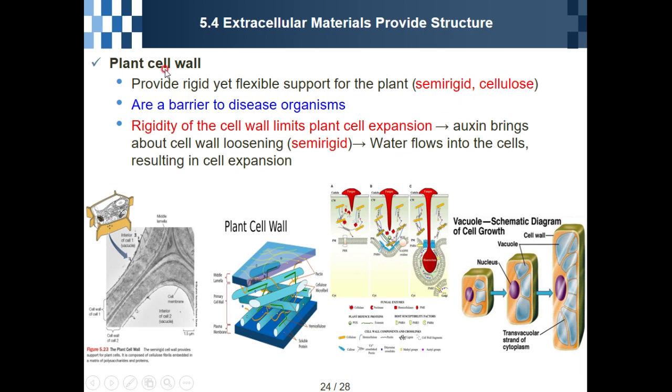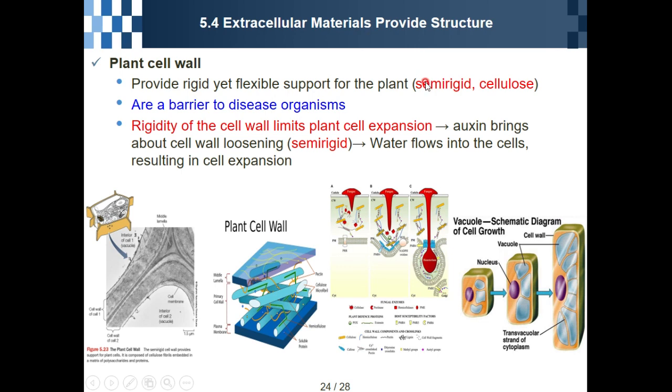Because of the cell wall, for example, some disease organisms can attack the plant cell, but the plant cell wall can become a barrier to disease organisms.